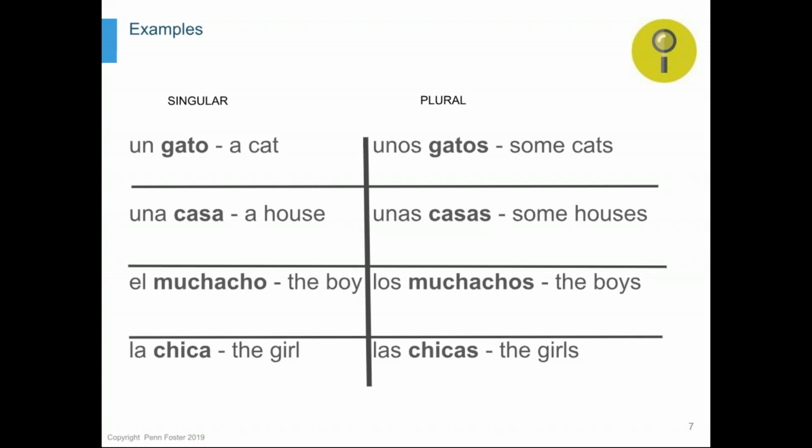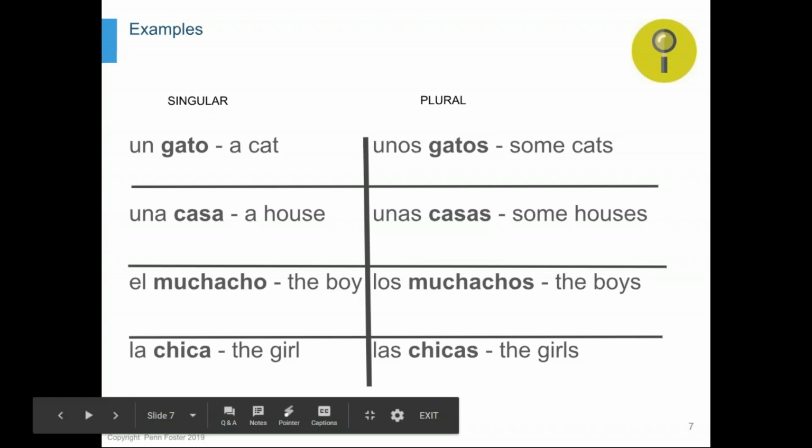And you notice how the definitions change on the right side. Unos and unas, plural, meaning some, and then los, definite articles, meaning the, but in a plural context. Okay, so just some examples there.